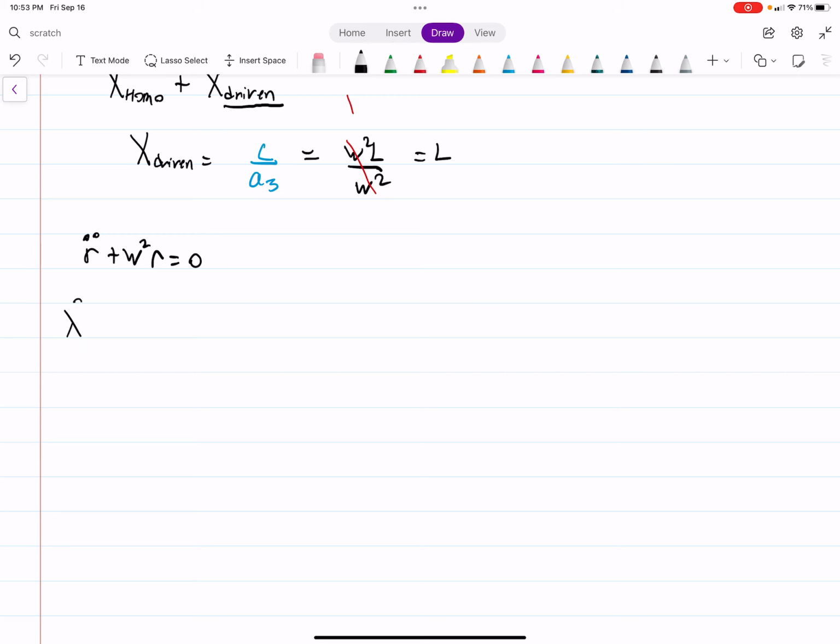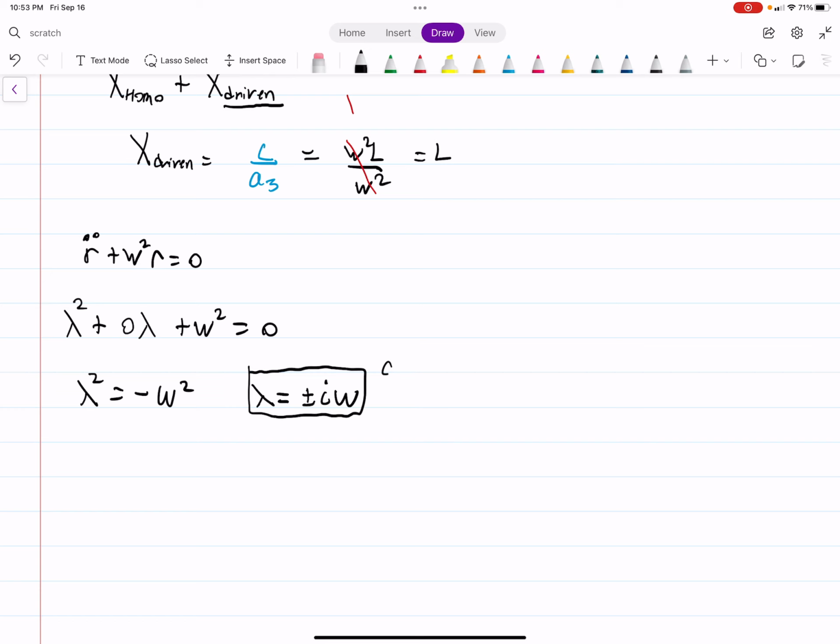So we have lambda squared plus 0 lambda, since we have no r dot term, plus omega squared is equal to 0. And we want to solve for lambda, so lambda squared is minus omega squared, or lambda is plus or minus i omega. And this is obviously complex.